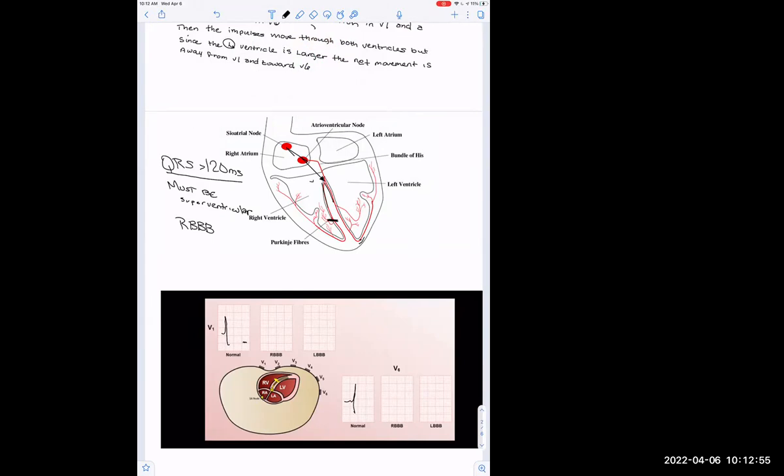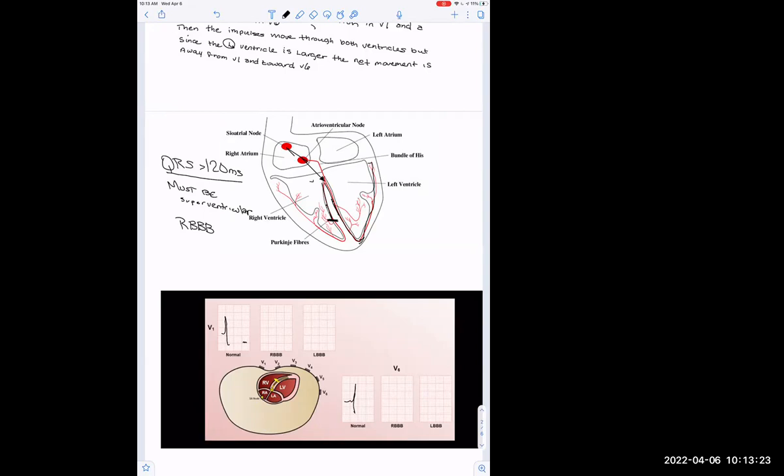Remodeling is going on, construction is going on. So what ends up happening is this impulse is stopped, and this impulse on the left side continues normally. So what does that look like on our EKG?